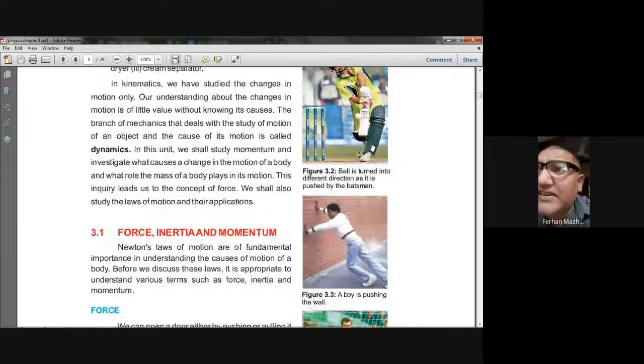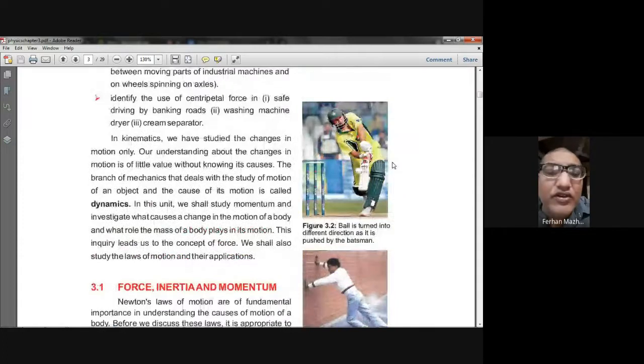And here you can see the ball was coming towards the batsman, and when he hits the ball with his bat, what will happen? The direction of the motion of the ball will change.